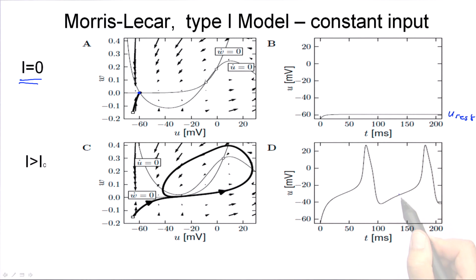The fairly slow means that there is not a lot of change in an intermediate regime. If I make I larger than IC, but slowly approaching the critical current, then the system would spend a long time in this regime before it goes off to the next spike.